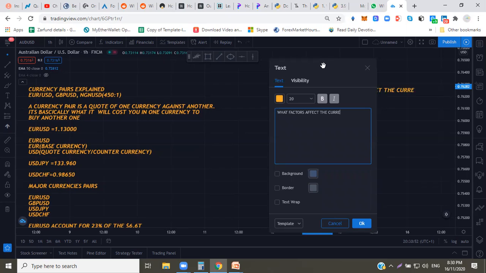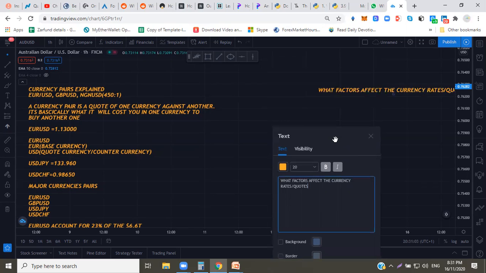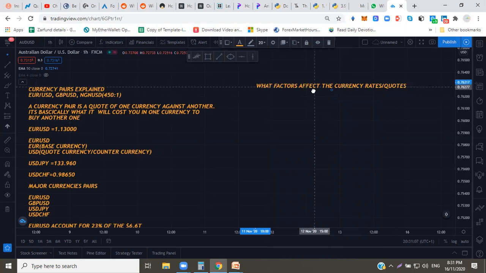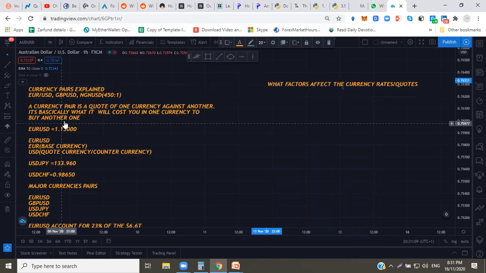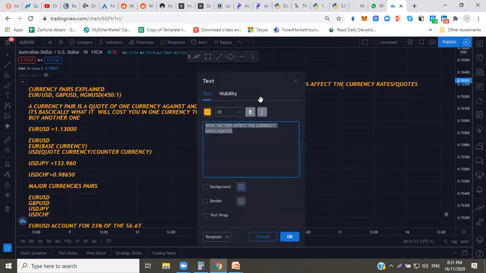Currency rates or quotes. So what are the factors that affect the currency quotes or the currency rates? This is a currency rate, it is also a currency quote. More professionally, you call it the currency quote, right? But what are the factors that affect the currency quotes?